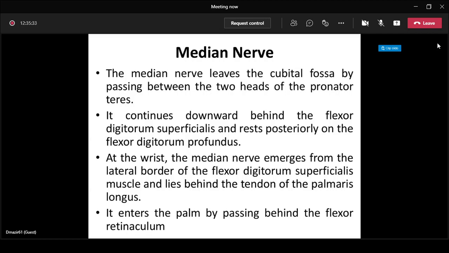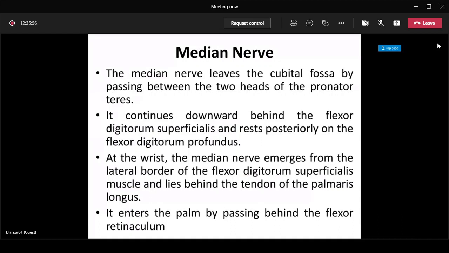We lift it up and we go up, and it has a medial root from the medial cord and a lateral root from the lateral cord. These two roots are enclosing the axillary artery. So it is easy for us to locate the medial and lateral cords, and from there the median nerve.